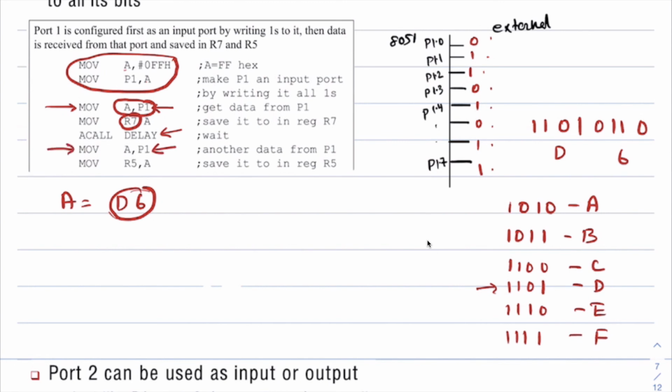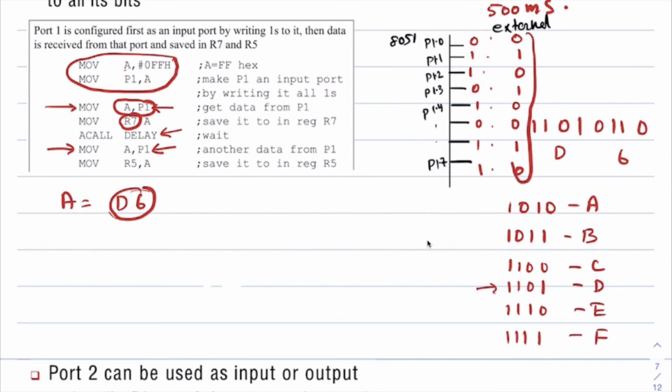So maybe after some time, suppose after some 500 milliseconds, I am checking this pin. Maybe the values on the pins are changing. Maybe the sensor outputs are changing, or the key positions have changed. Suppose I get 0 1 0 0 1 0 1 0.